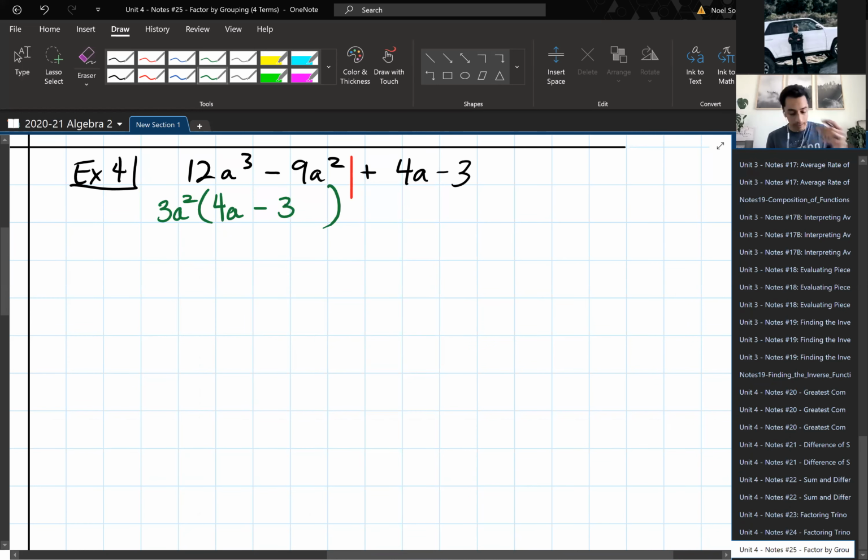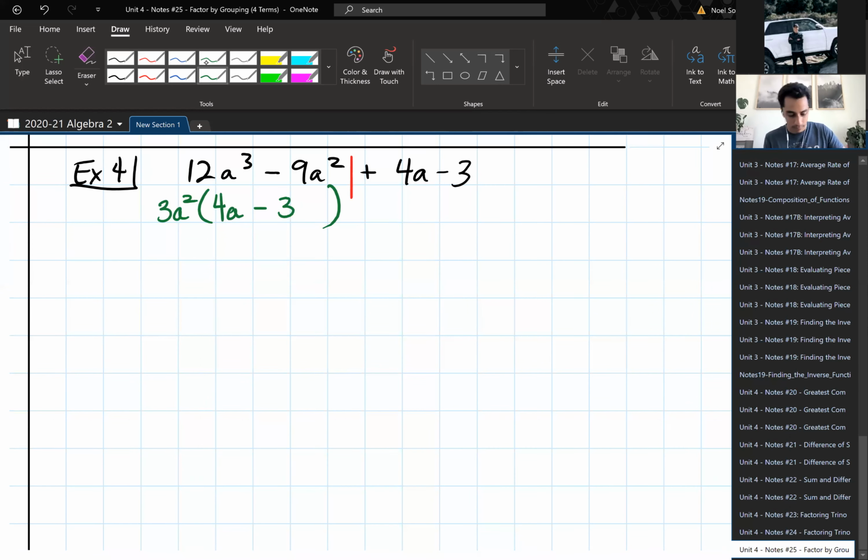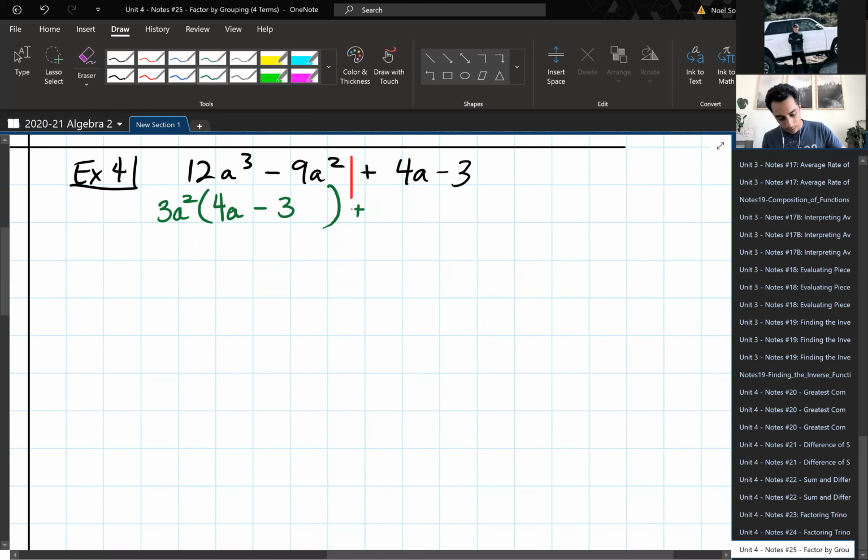Okay. And now group number 2, what could be factored out of both of those terms? Yeah, only 1, right? That's the trickiest part, trying to convince yourself that you can factor out 1, even though it does nothing really, but for grouping, it's essential. So we can factor out a positive 1, and by doing so, we're left with the same original term, 4a minus 3.